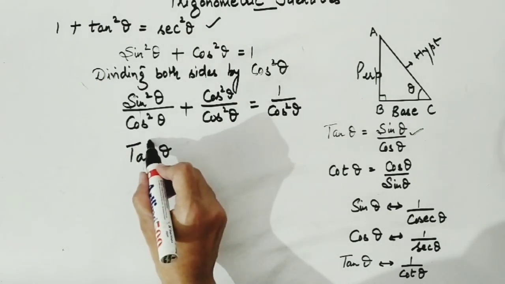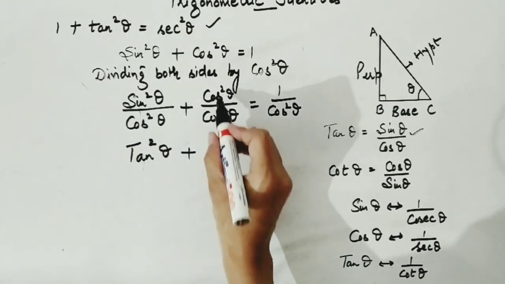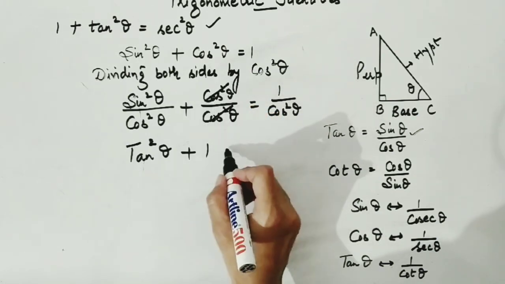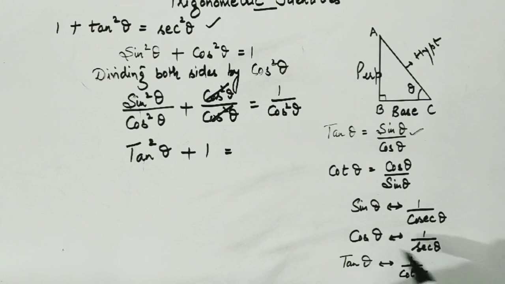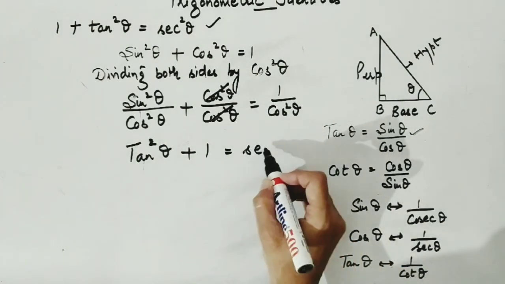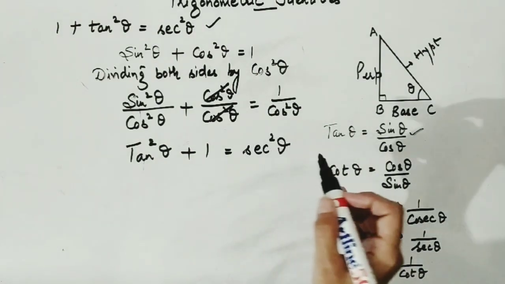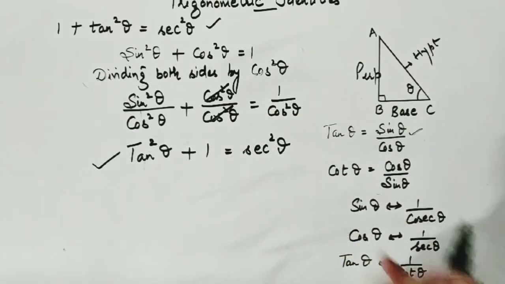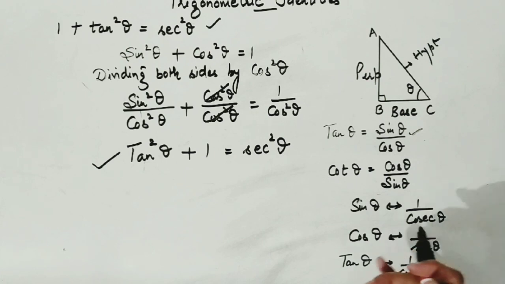Since it is in square, so tan square theta. Cos by cos would be cancelled. The resultant is 1 by cos. Cos and secant are reciprocals. So this is secant square theta. That's it. Very simple it was. So that's how your basic second identity is proved.